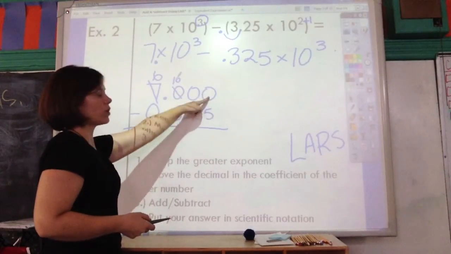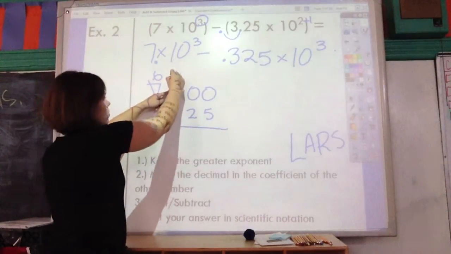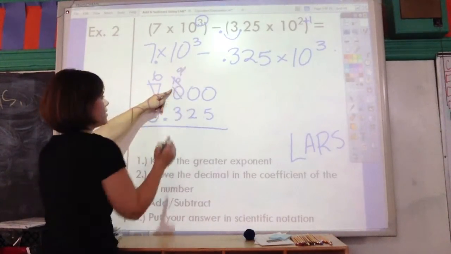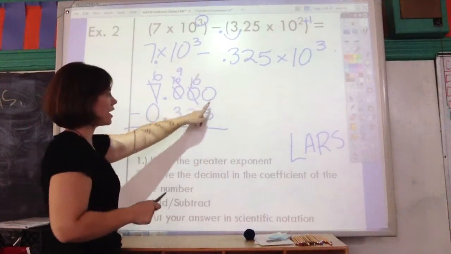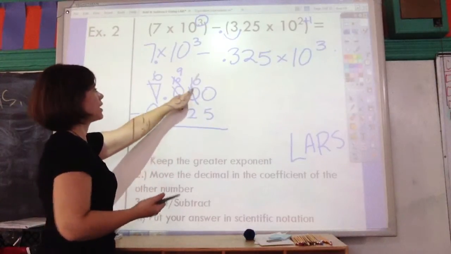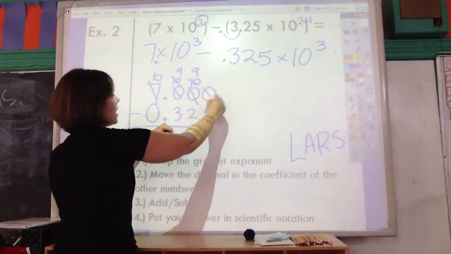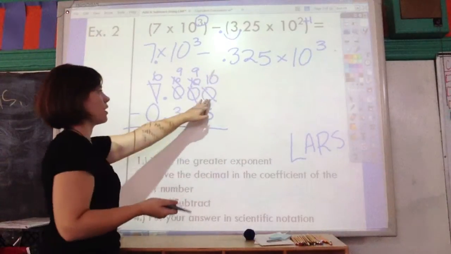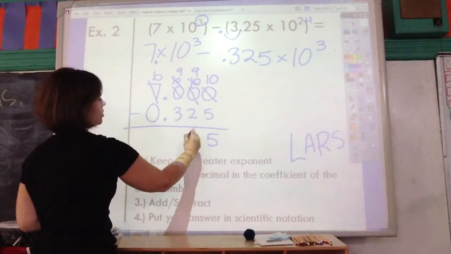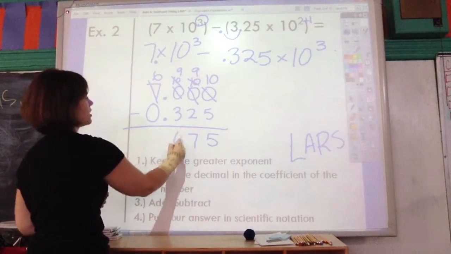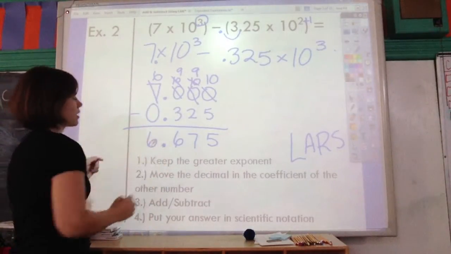I can't take 5 away from 0. I can't regroup here, so I need to go over here, take away one of these tenths. This becomes a 9, and now I have 10 hundredths. I still can't do 0 minus 5, but I can regroup this, borrow from here, this becomes a 9, and now I have 10 thousandths. 10 minus 5 is 5, 9 minus 2 is 7, 9 minus 3 is 6, bring my decimal straight down, 6 minus 0 is 6.